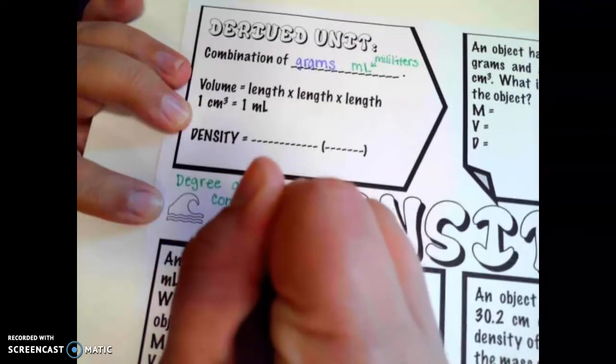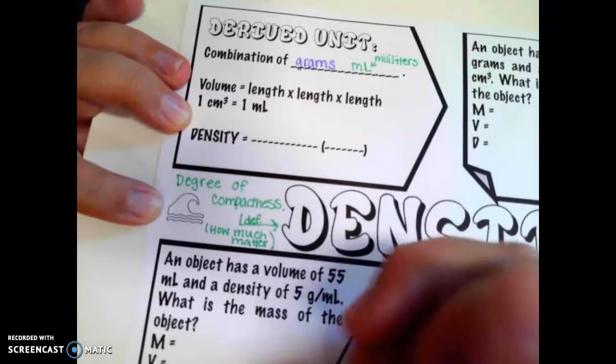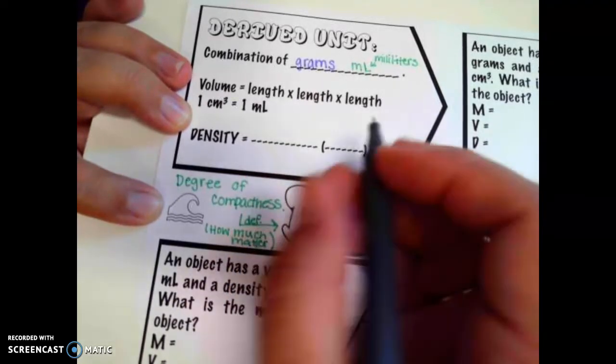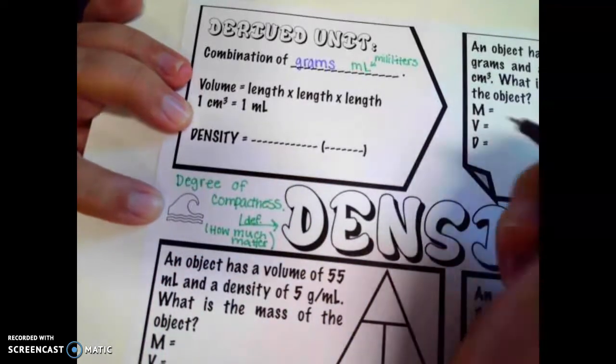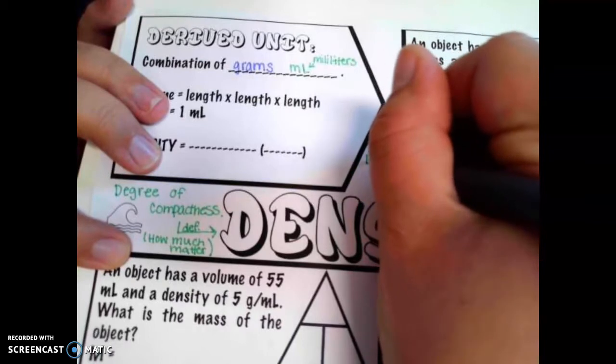A really dense object will have a lot of matter, will be really compact. That means the molecules will be really close together.